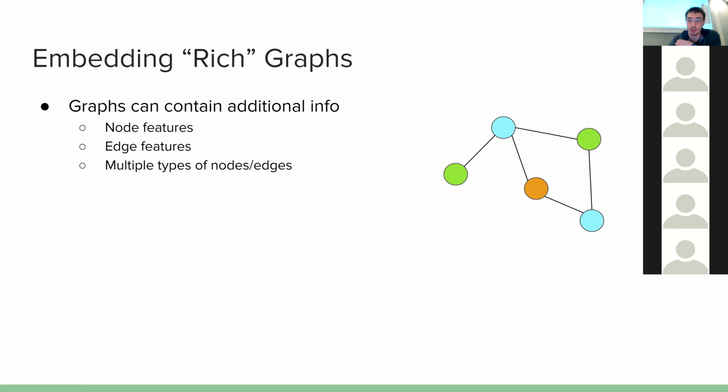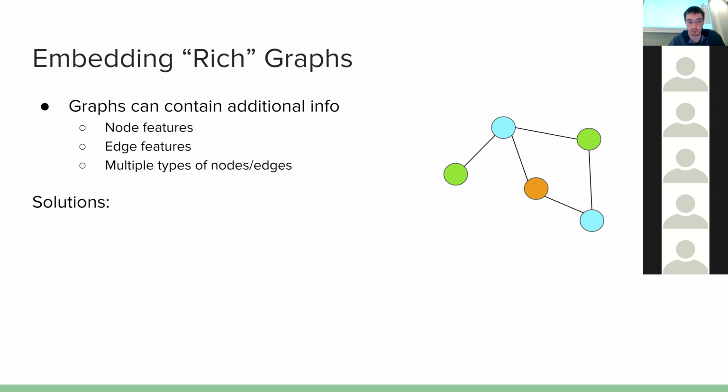Well, it depends on the kind of application, but there can be many situations where we want to use both. To do a good prediction for a node, we need to know its features, but also who its neighbors are and how its neighborhood is structured.